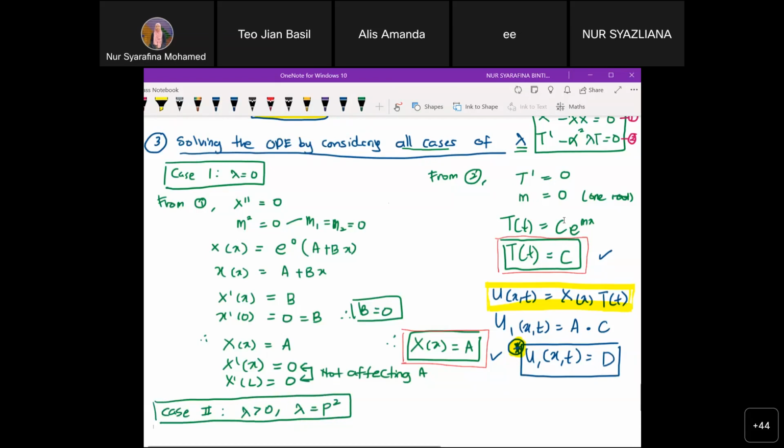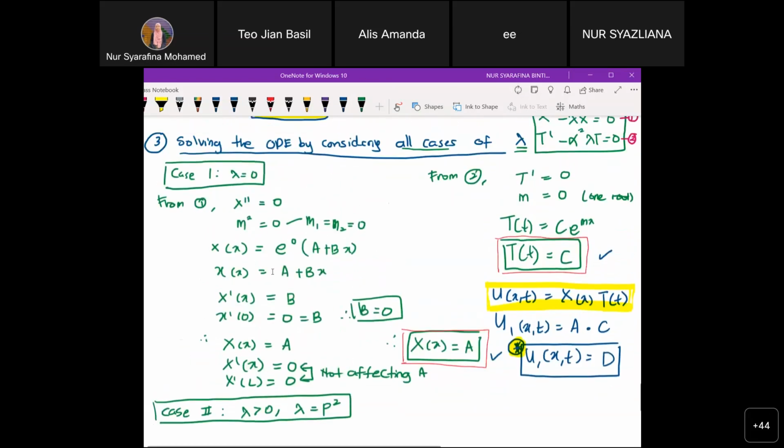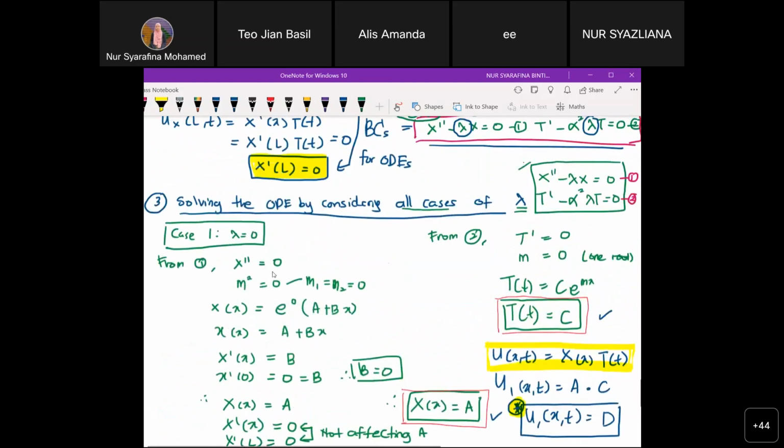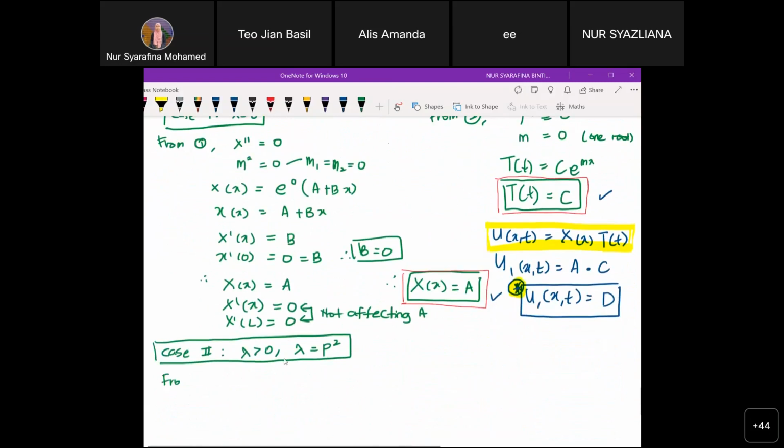Of course, we always have to consider these two ODEs. From the first equation, you know that x double prime minus lambda x equals to 0. Now, your lambda is p squared, so we have m squared minus p squared equals to 0. So for this case, m equals to plus minus p.